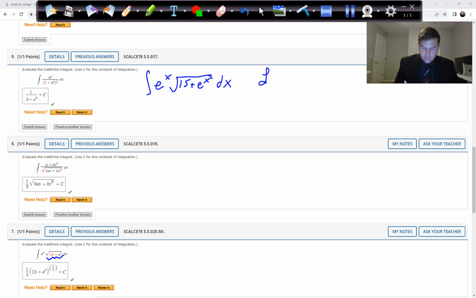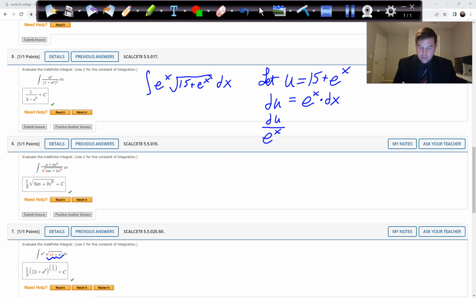So we are going to let u equal everything inside the square root symbol, not including the square root symbol. Therefore, the derivative of u is 15 goes away. Derivative of e to the x is e to the x, but then the derivative of x power is dx. Solve for dx, you'll get du over e to the x equals dx.